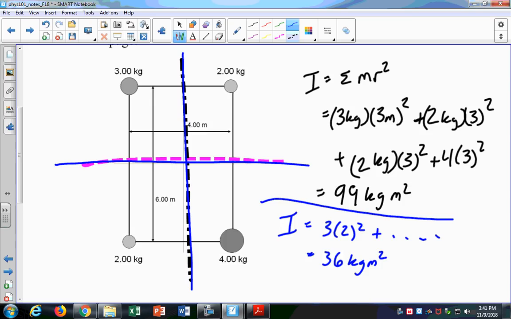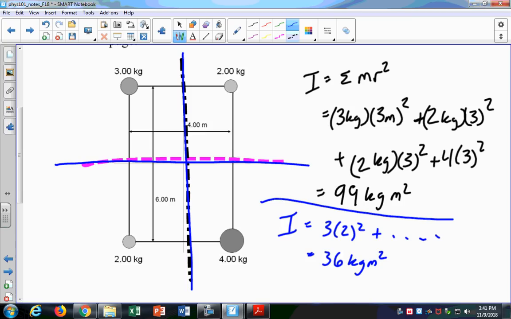So the meters changes to 2 meters? No, that's meters squared. Because remember, moment of inertia at its very basic level is the sum of mr squared. So what was changed in part B? Oh, I just didn't write it all out, I was just being lazy.